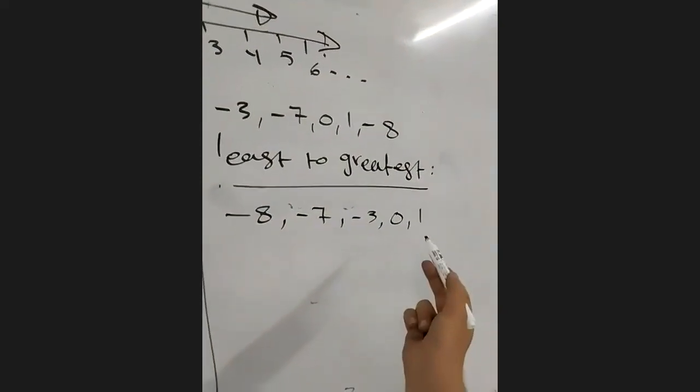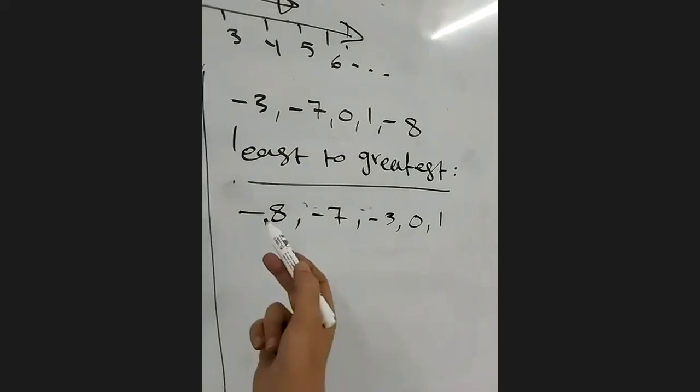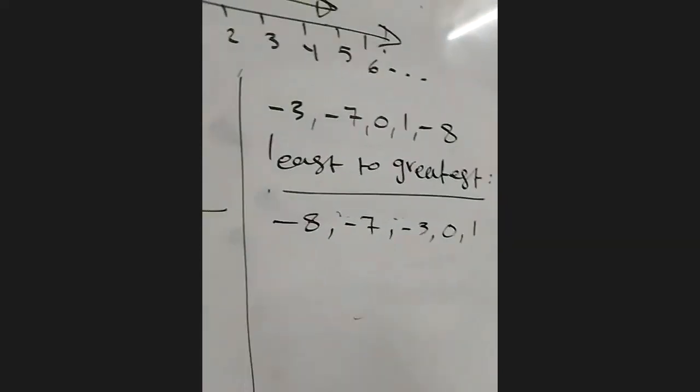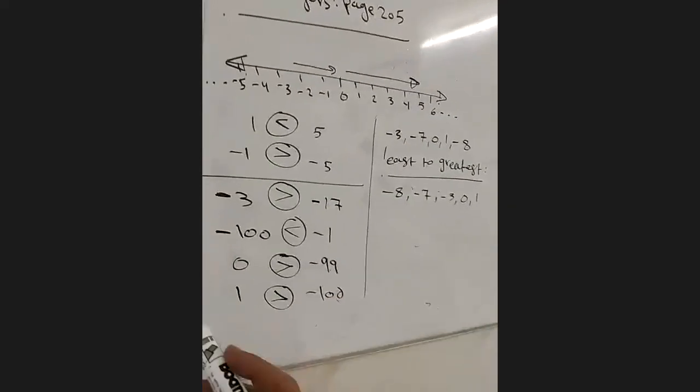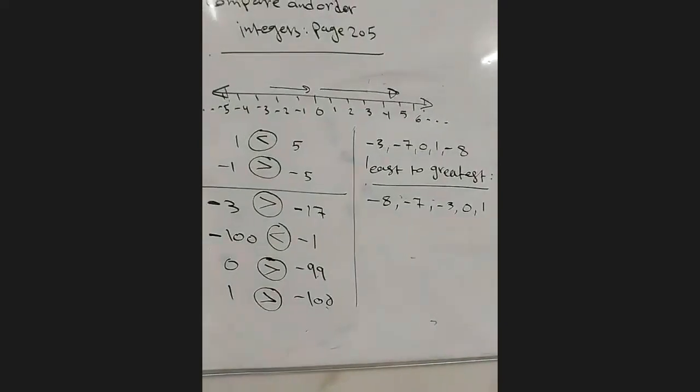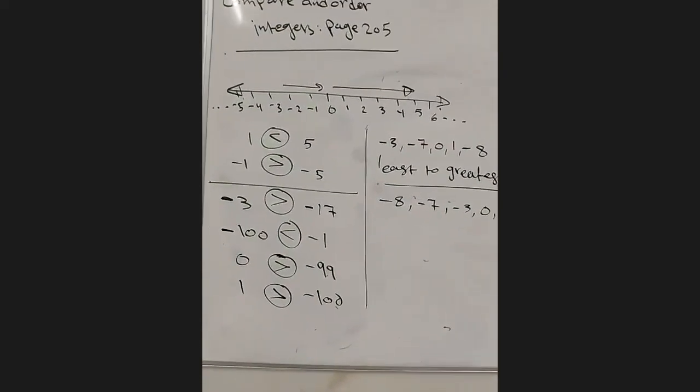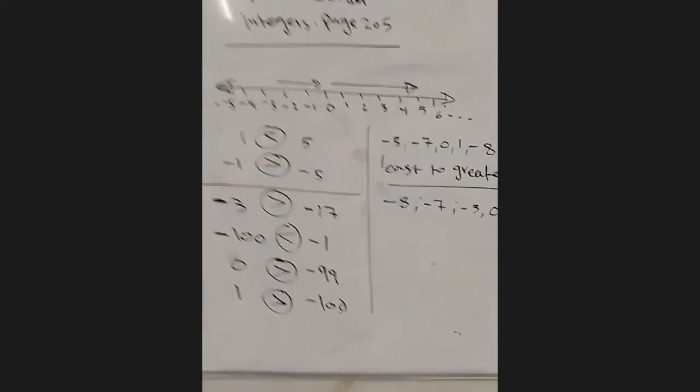So 1 is the greatest number. Negative 8 is the least number. This is how to order from least to greatest or from greatest to least, depending on the question. Now, if you have any questions, guys, on how to compare or order, put your hands up, please.